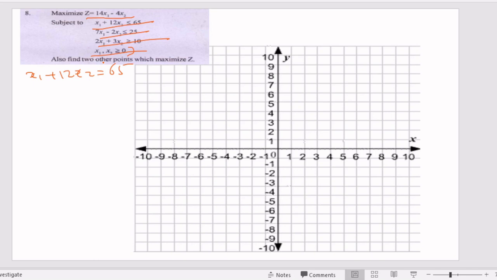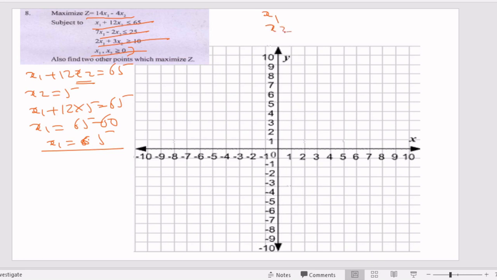So in this case, if you substitute x2 = 5, then x1 + 12 into 5 = 65, so x1 = 65 - 60, x1 is 5. This is your first point. Let's write this table also: x1, x2. When x1 is 5, x2 is also 5, for this equation. Let's see the second point.